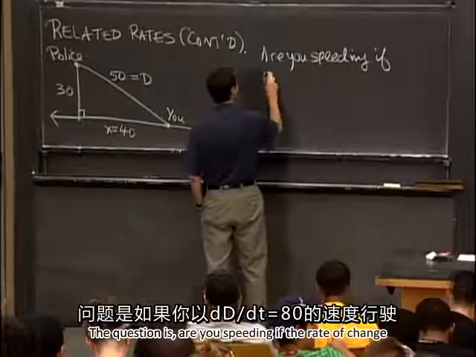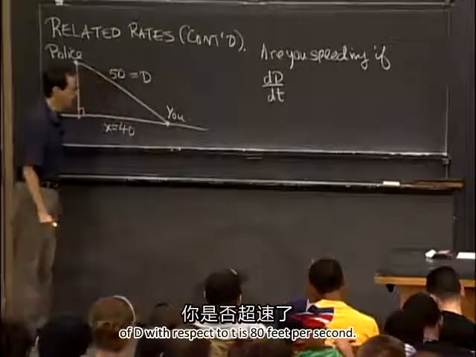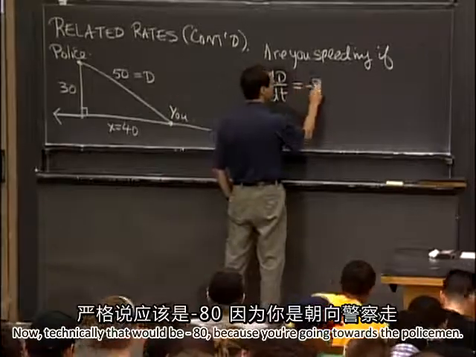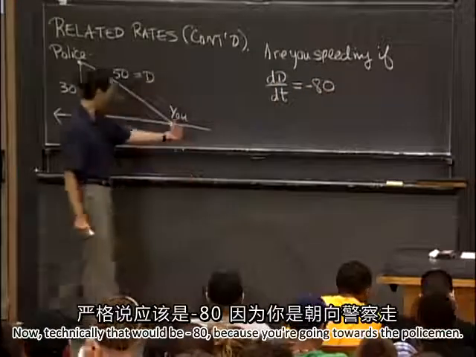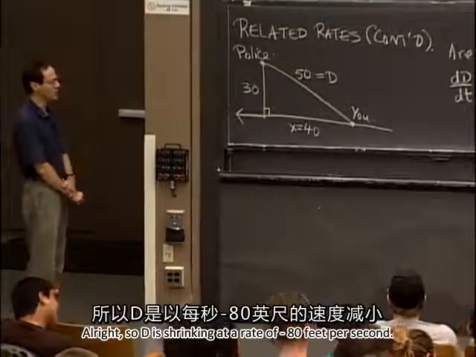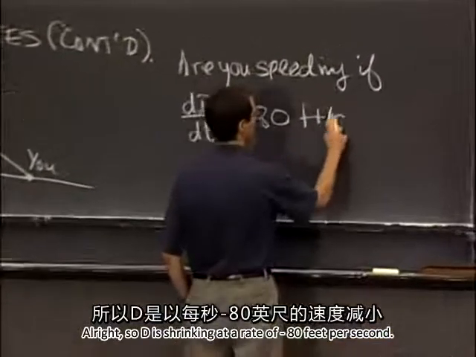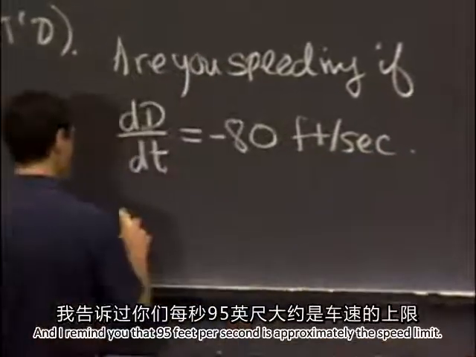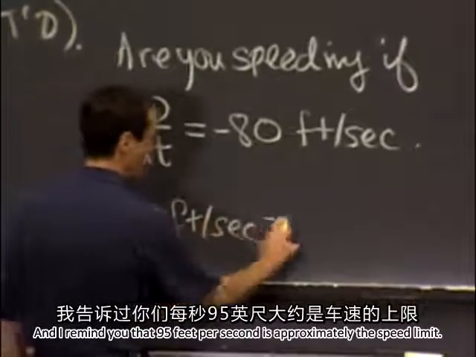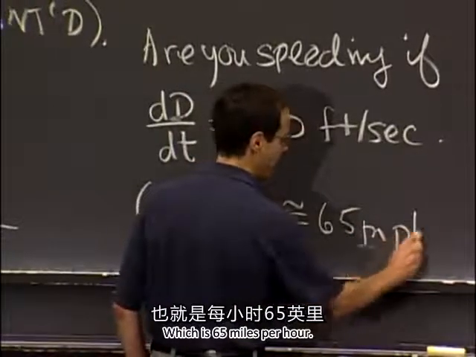If the rate of change of d with respect to t is 80 feet per second. Technically, that would be minus 80 because you're going towards the policeman. All right? So d is shrinking at a rate of minus 80 feet per second. And I remind you that 95 feet per second is approximately the speed limit, which is 65 miles per hour.